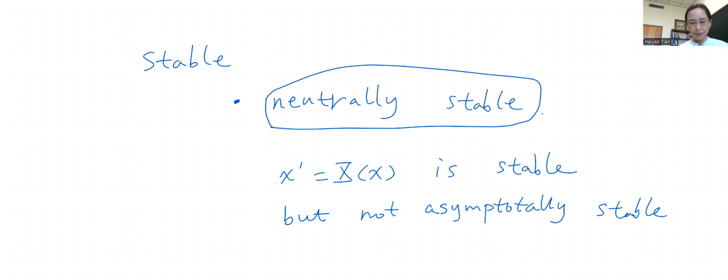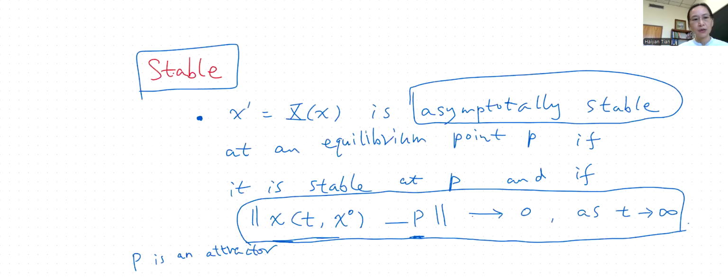So if we try to look at some concrete cases, for example, in the previous case, asymptotically stable, first of all, it has to be a stable case, right? So the system is stable.